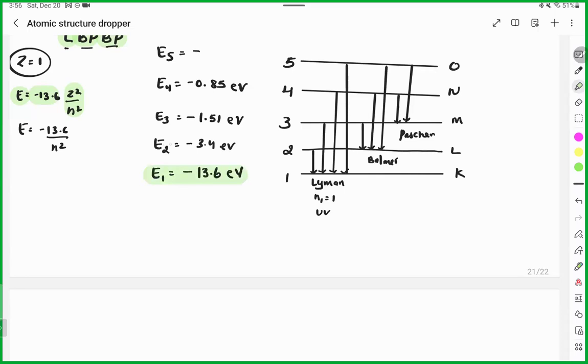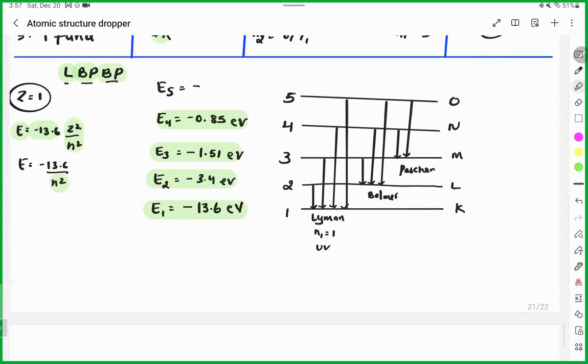Then it will be 13.6. E2, n value will be 2, you will divide by 2 square because it inversely depends upon n square. Same way 3 square, 4 square, what will be the value of E5? You will divide by 25. Why? n square. n value is 5, n square will be 25. Got it.